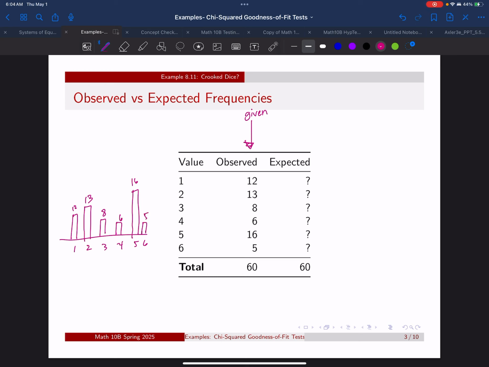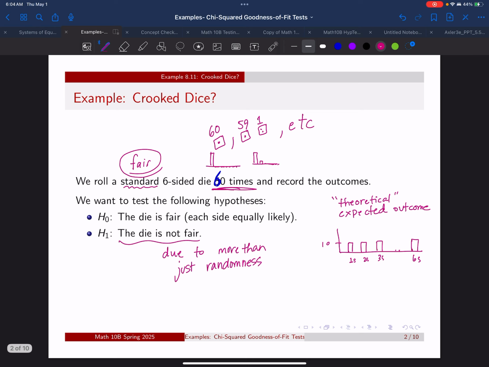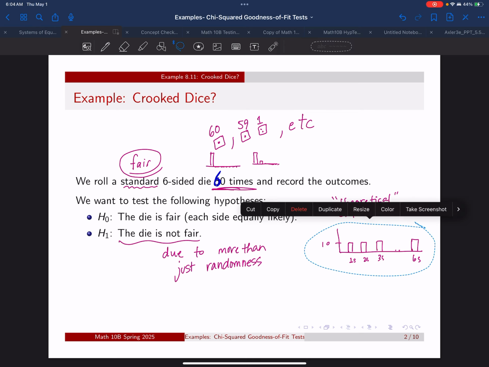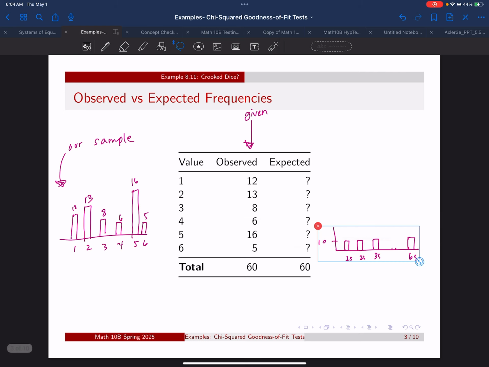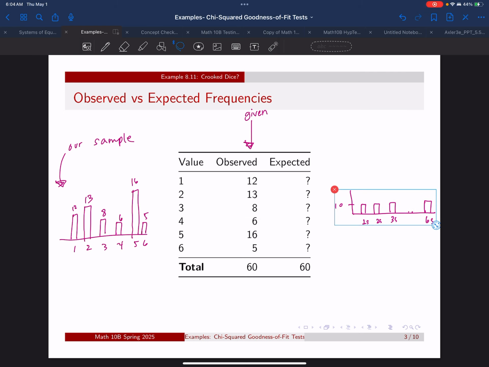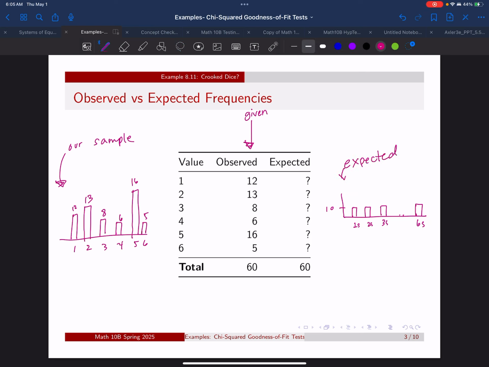So this is essentially our sample. And then the expected is, of course, that everything is going to be 10.